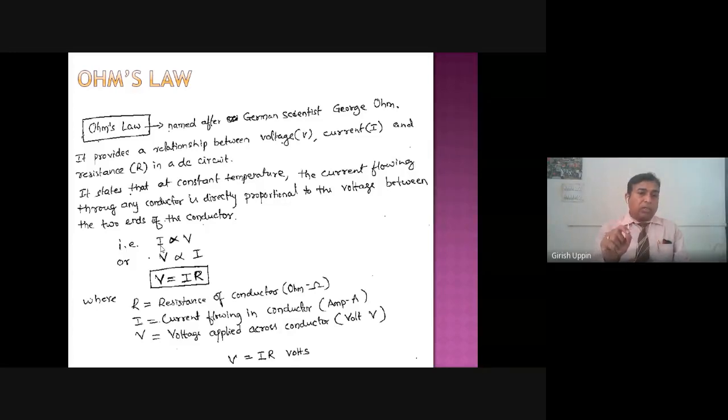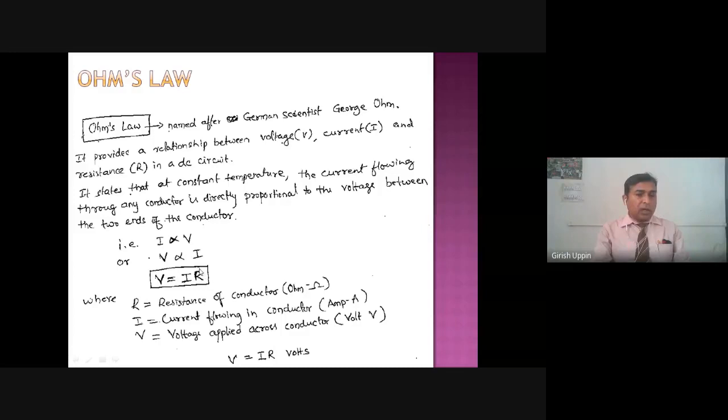Whenever we talk about DC circuit, we use capital letters. Capital I represents the current, which is directly proportional to the voltage, or we can also say voltage is directly proportional to I. So if we resolve this proportionality symbol, V is equal to I into R.